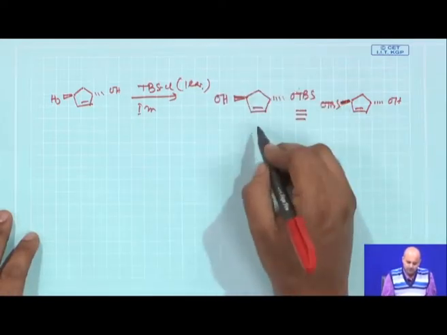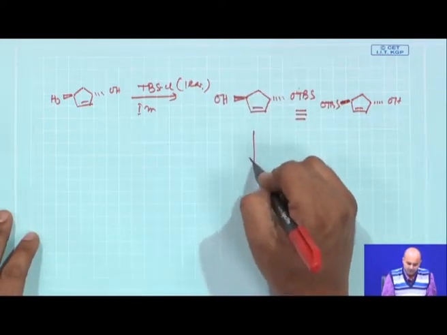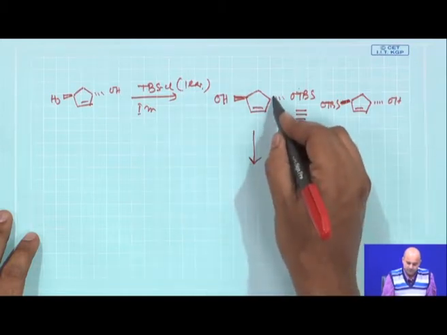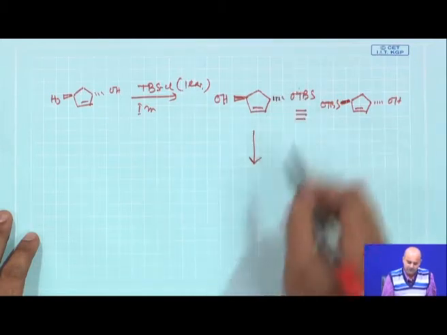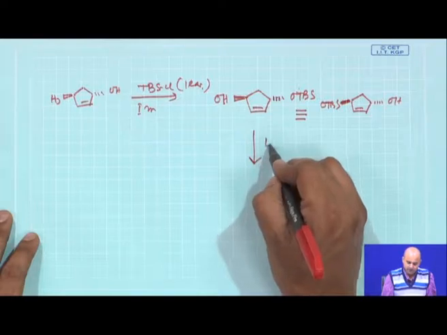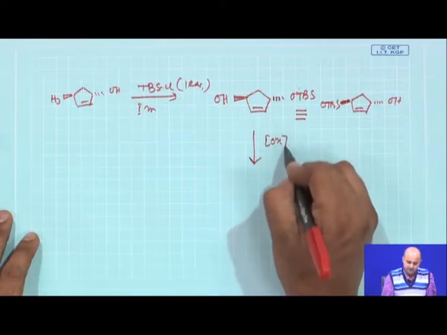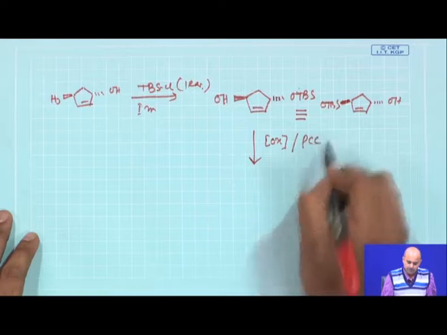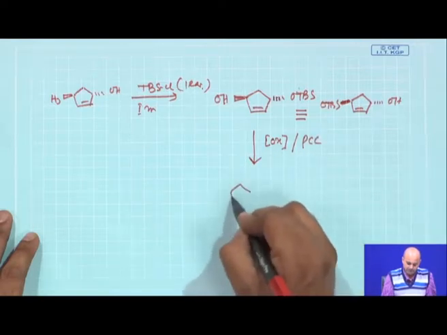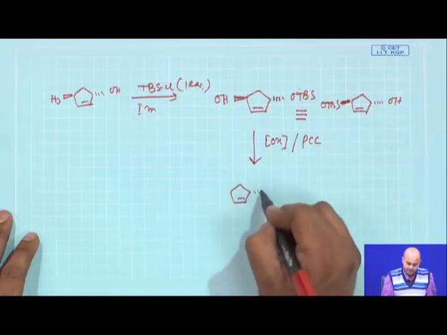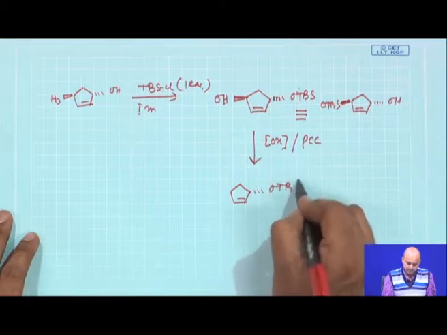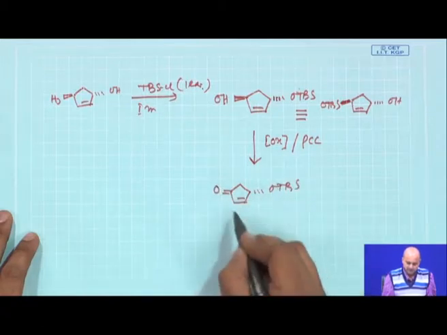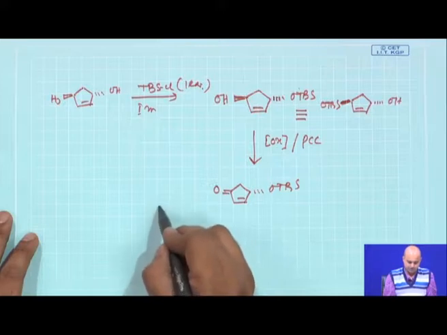So, now try to do the same thing, you protect this OH as a bulky TBS group. You use an oxidizing condition, pyridinium chlorochromate or PCC, and you basically get an alpha beta unsaturated ketone.